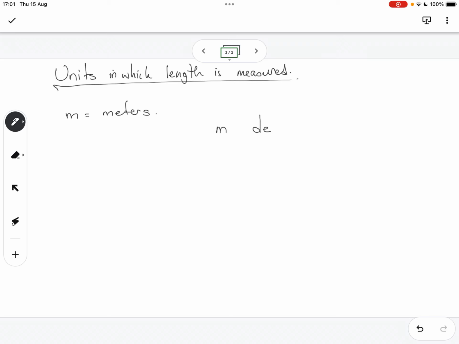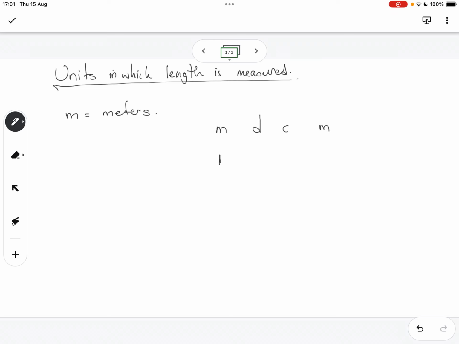Deca from 10, like a decade, and then centi for 100, like century, and then milli, as in millennium, so 1,000, right? So this is 1 meter.